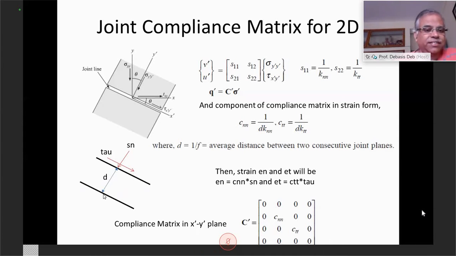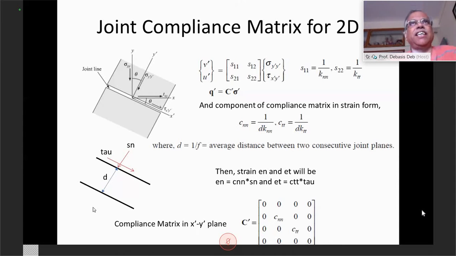So two joints in a single joint set and the average spacing is D. Now this is the sigma n which is pressing it. So if we know the displacement V, then what will be the strain in this direction? Can anybody tell me?